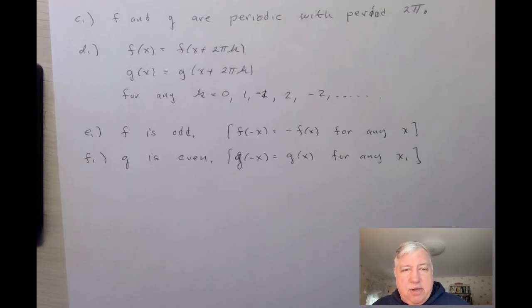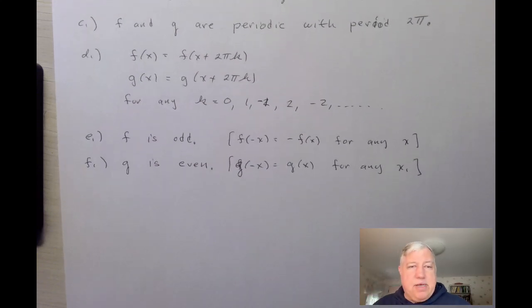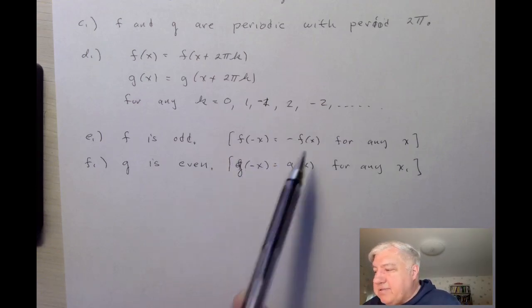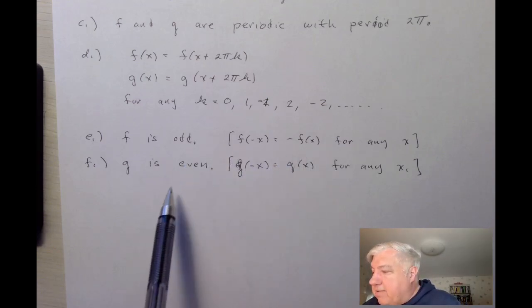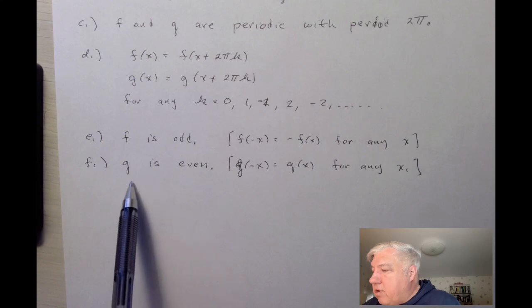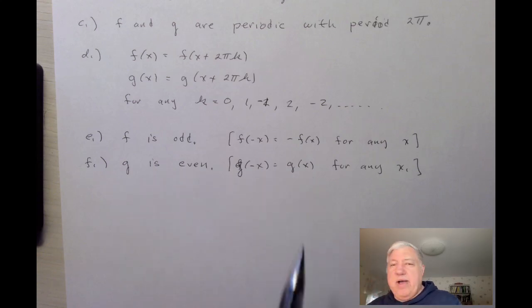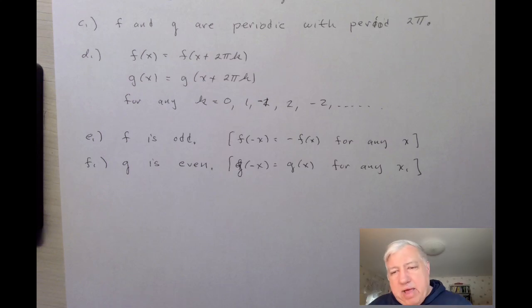And then f and g, if f is sine of x in this case, sine of x is odd, meaning that f of minus x is equal to minus f of x, and g, cosine, is even, because cosine of minus x equals cosine of x. If you remember from Math 128, we talked about even and odd functions.